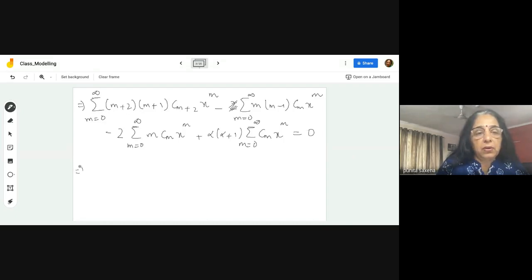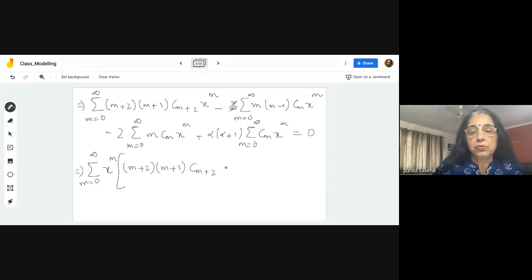Now we can combine all the terms. So I just have one summation from 0 to infinity with x to the power m common, and I am left with, now you can see, m plus 2, m plus 1, cm plus 2 minus. Now see, I have all these three terms with cm, right?